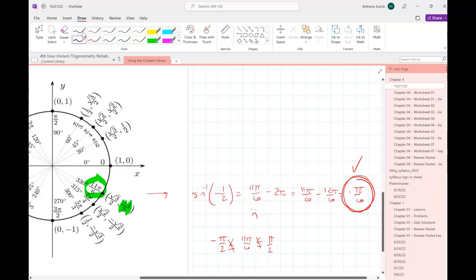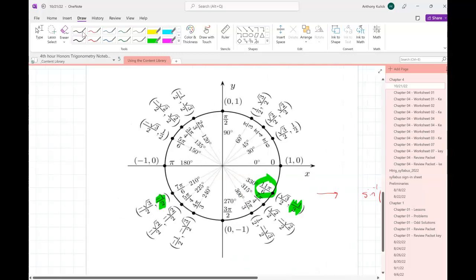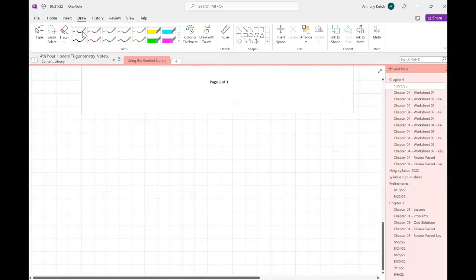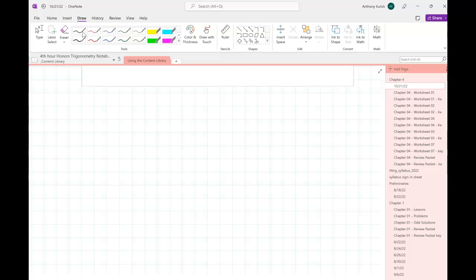So another way that I could have looked at this is I can use another definition of sine, cosine, and tangent to work this. What is the other definition that I can use? I can use the point on the terminal side of my standard position angle definition.